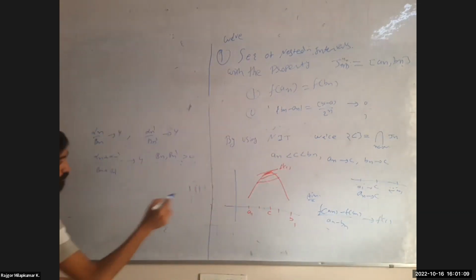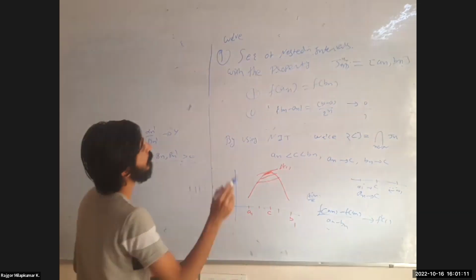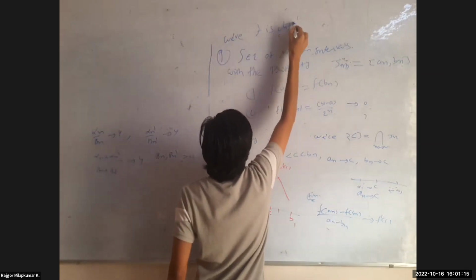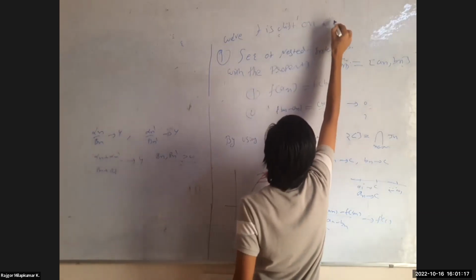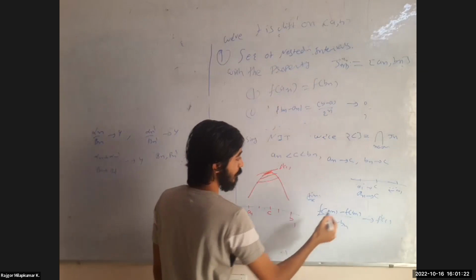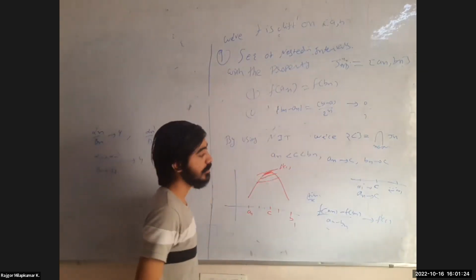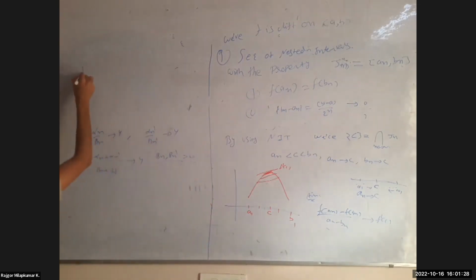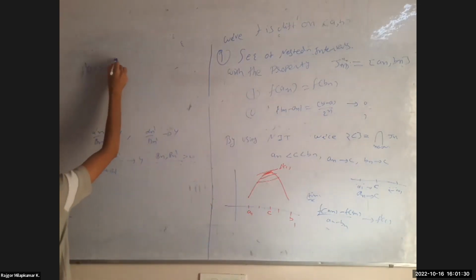Now we know that, since f is differentiable on this open interval a comma b, in particular f is differentiable at this point C. So since f is differentiable at this point C, I have f dash C equal to what?